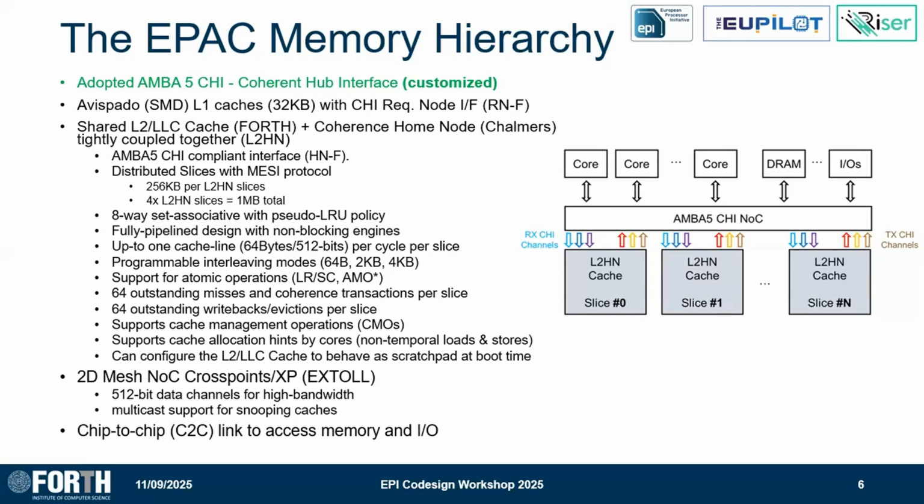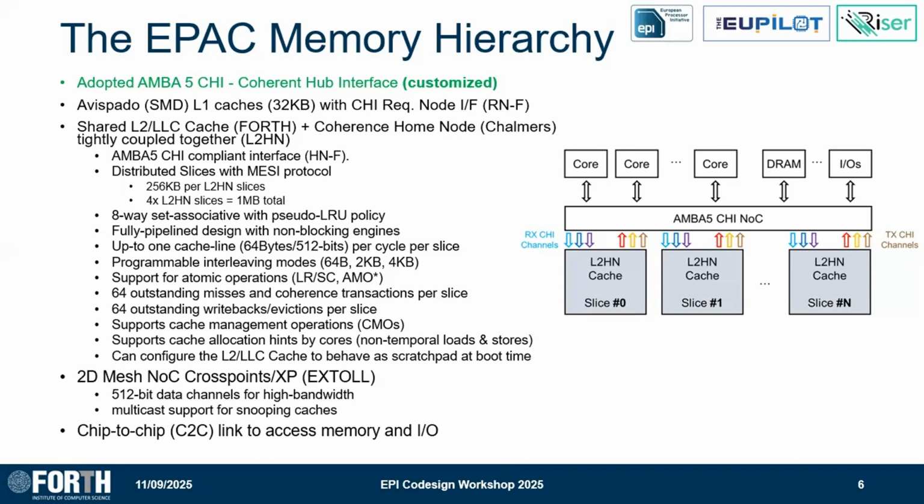The 2 kilobytes is the reason we did it, because it's a vector length size. So you get the whole vector from the same cache slice. Or 4 kilobytes, which is actually 2 full vectors of 256 elements, but the 4 kilobytes is the operating system page. So you can even start playing around with policies in the operating system on where to allocate these pages so that they map to the closer parts of the memory hierarchy.